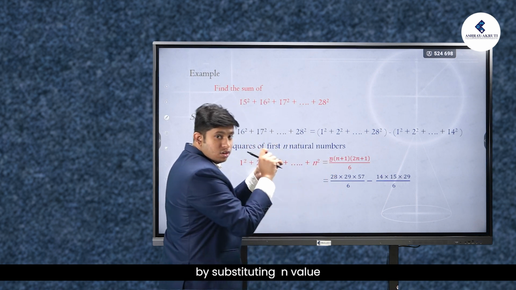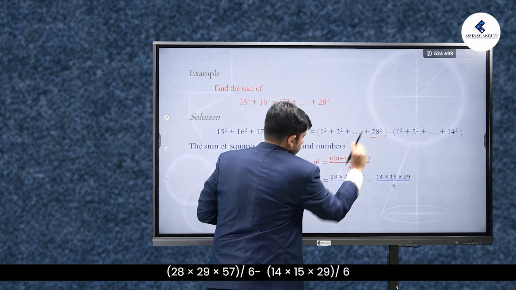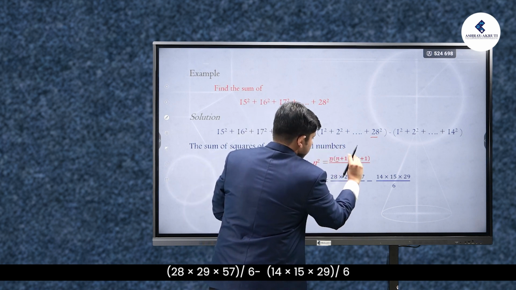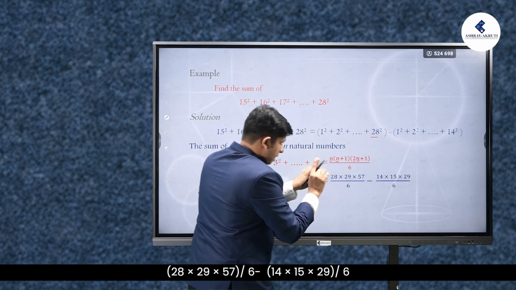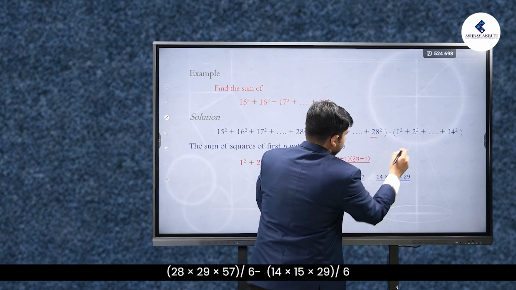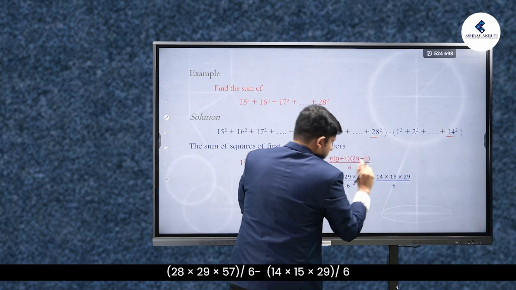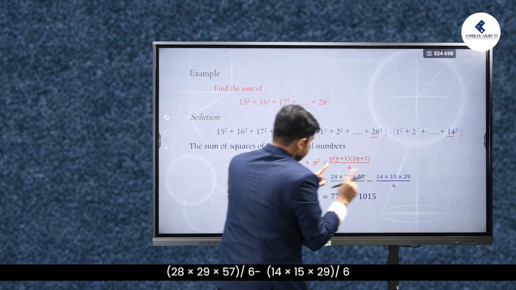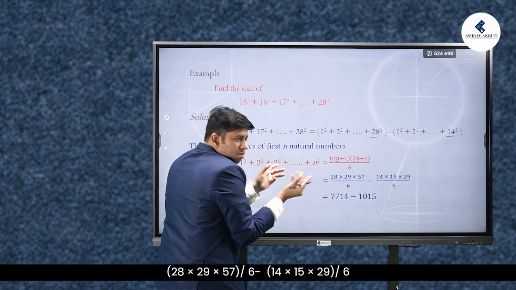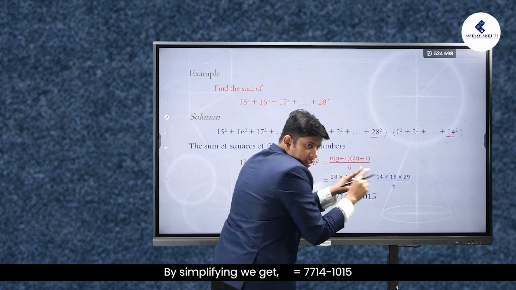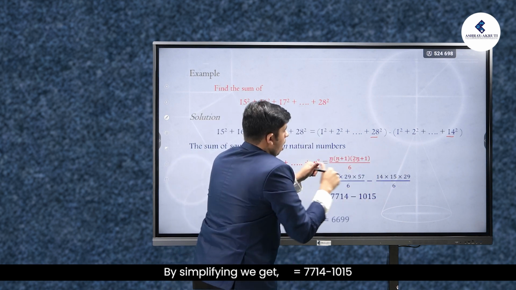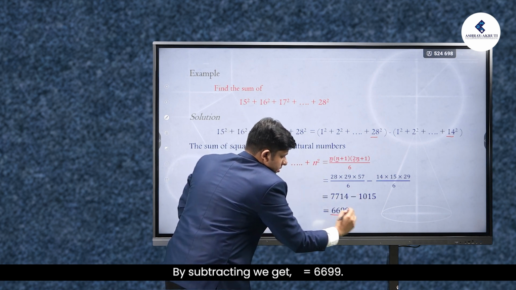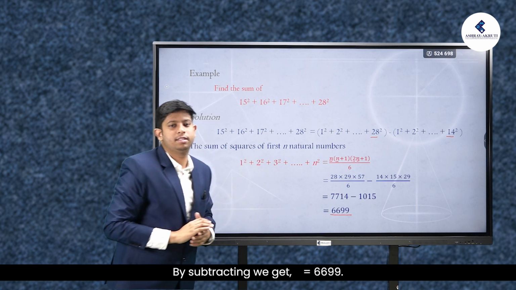By substituting n value, we get 28 into 29 into 57 by 6 minus 14 into 15 into 29 by 6. By simplifying, we get 7714 minus 1015. By subtracting, we get 6699.